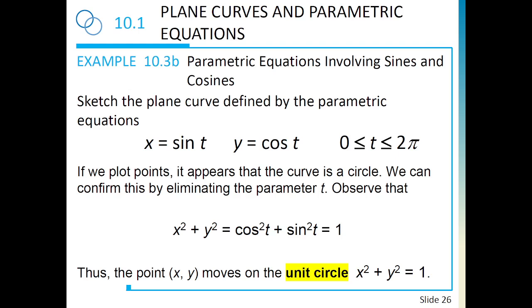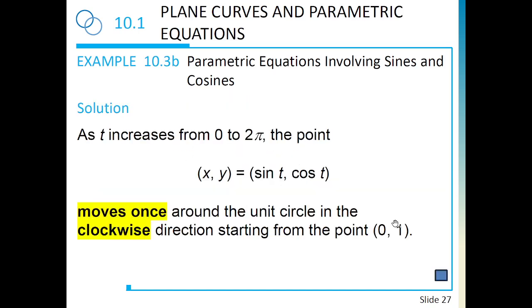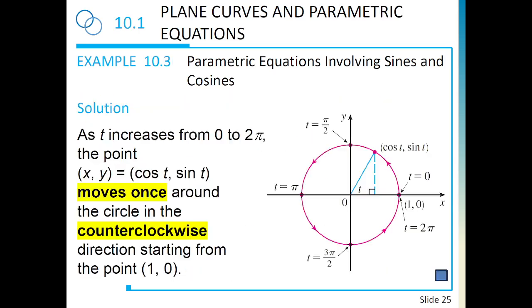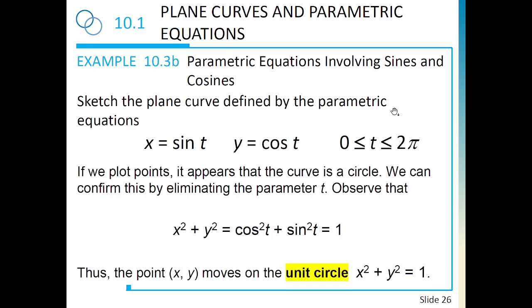However, the starting point is not the same. Here the starting point will be (0, 1). In the previous situation the starting point was (1, 0). In the new situation, the starting point will be (0, 1), so we will start from here. If we swap sine and cosine, we start here. That's interesting to observe.